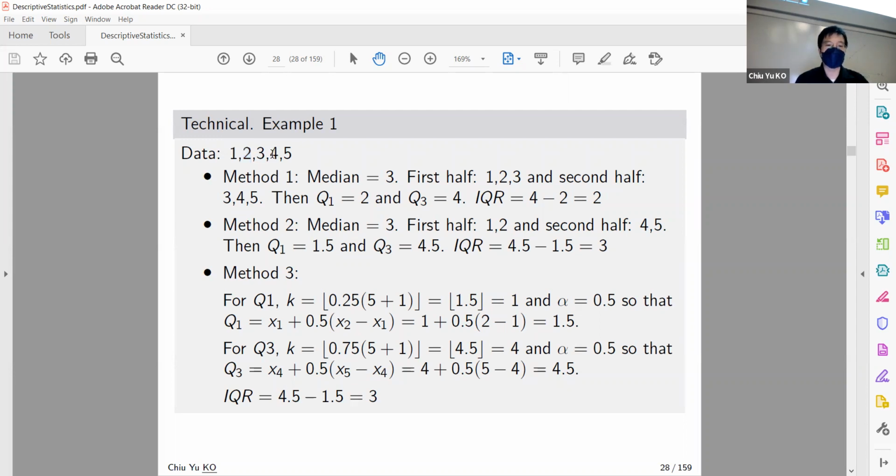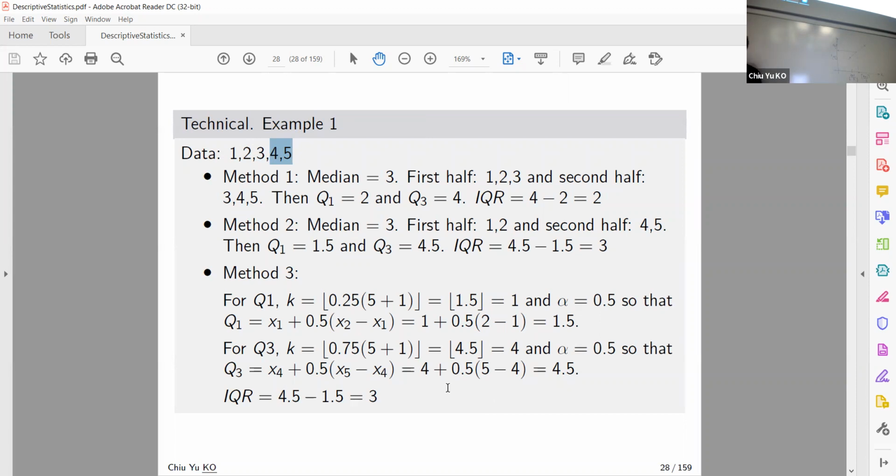Again, look at the second half; remember 3 is not included for method 2. So for 4 and 5, the median is 4.5, because this is the average. So it's 4.5 minus 1.5, which is 3. So you can see that these 2 methods can give you different measures of IQR.